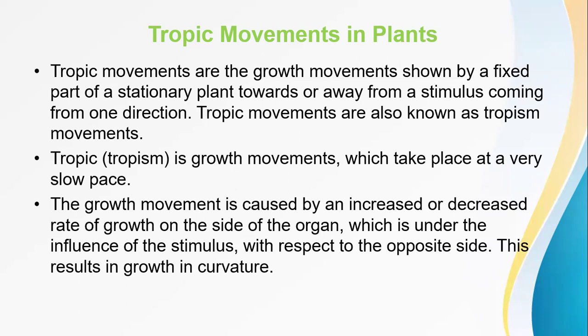The growth movement is caused by an increased or decreased rate of growth on the side of the organ which is under the influence of such a stimulus with respect to the opposite side. So this results in the growth in curvature. So the growth in curvature is the result of the various influences of the stimulus with respect to the opposite side, where it results in such kind of movement.